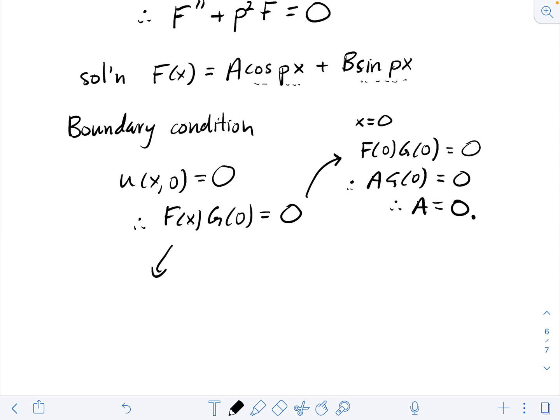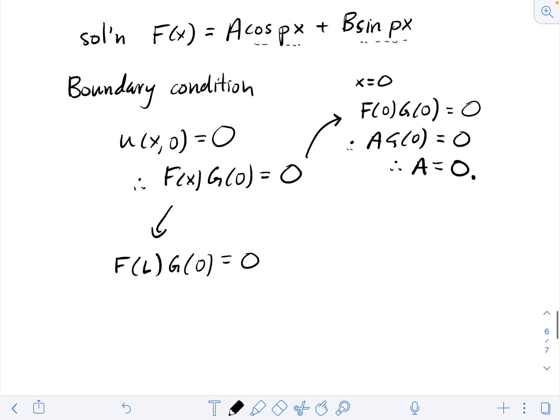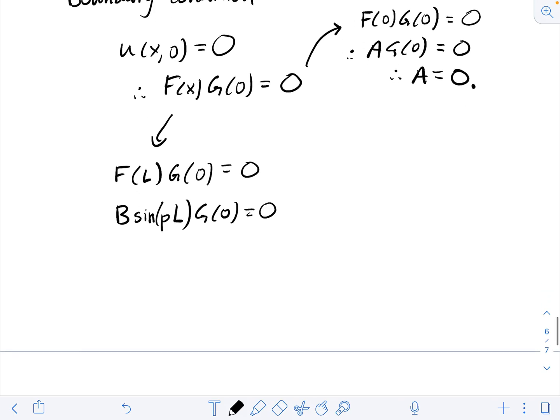Okay, we also have the x equals L case. At x equals L, we've already said a is 0. So we don't have to worry about the cosine term of f of x, but we do have to worry about the sine term. So we have sine of pL with the b coefficient, g of 0 is equal to 0. And so it must be the case that sine pL is 0.